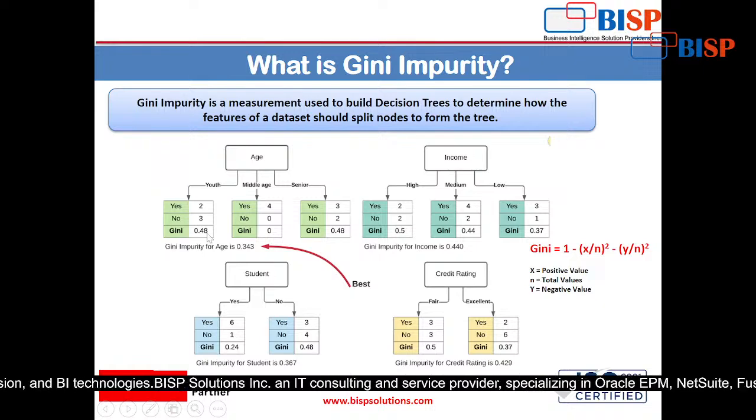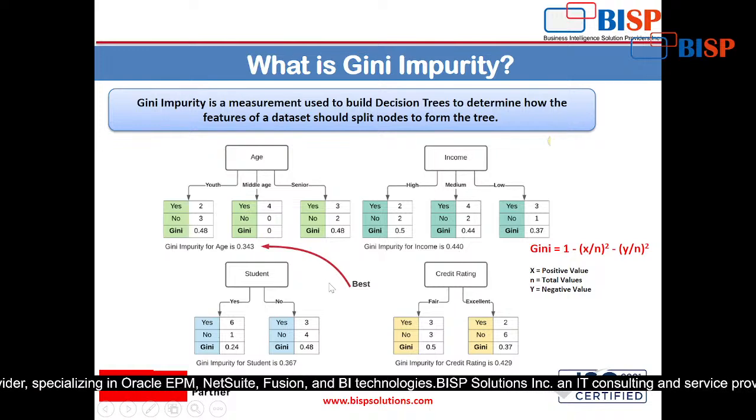Now what will be the impurity? That impurity is calculated here, right? And based on that, different leaves are created. The impurity is less, look at this, 0.343 is less, and here 0.440 is high, so you will go here, right? This is the best.